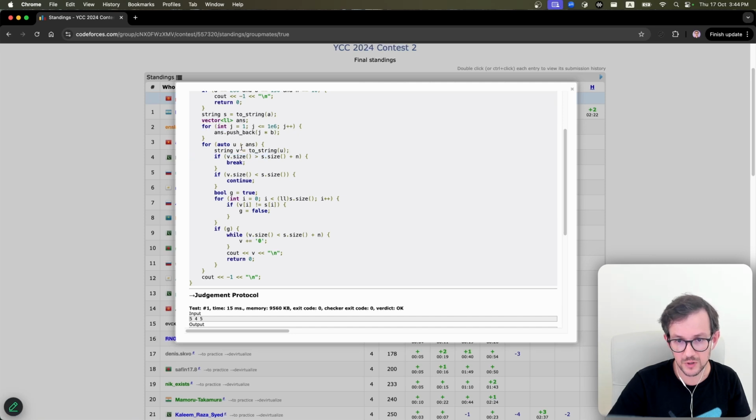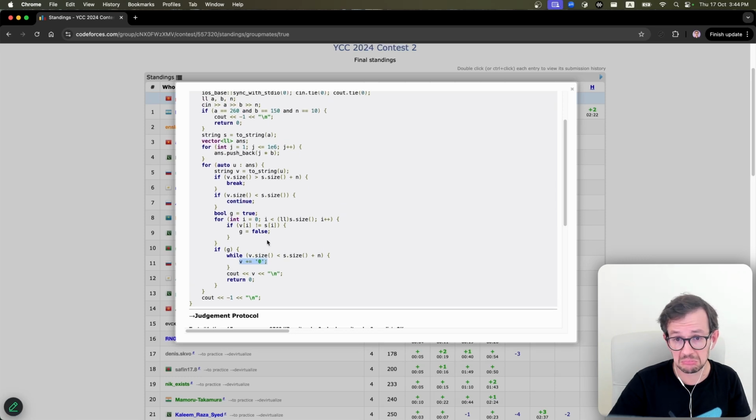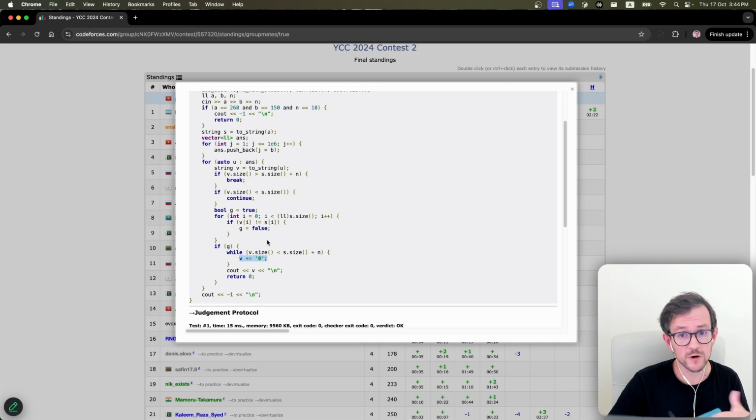I take from n's some multiple of v. Okay. Calculate to string. And now I take my number string s, add all the remaining digits to get number v, and then add some zeros. Actually looks fine. Okay, it's an overcomplicated solution, but it's still correct. So it should work.